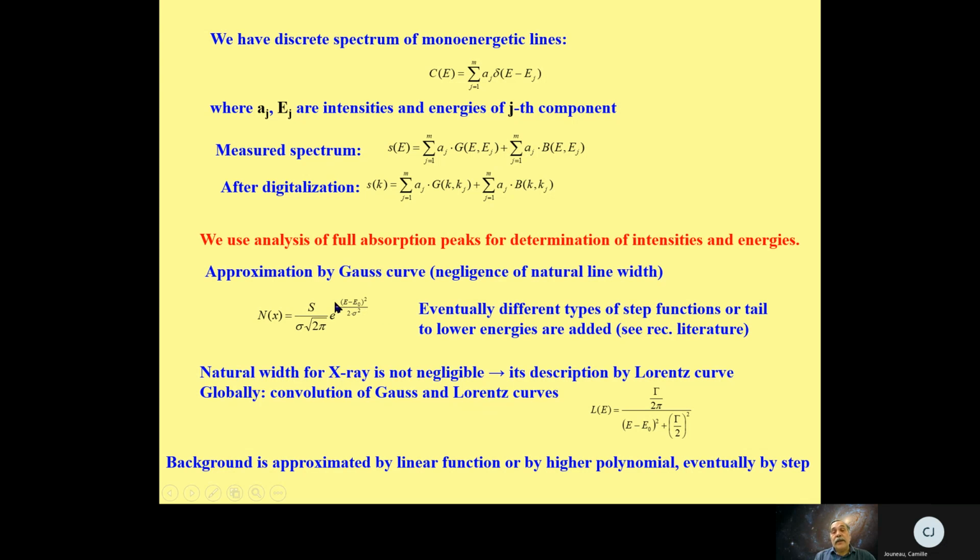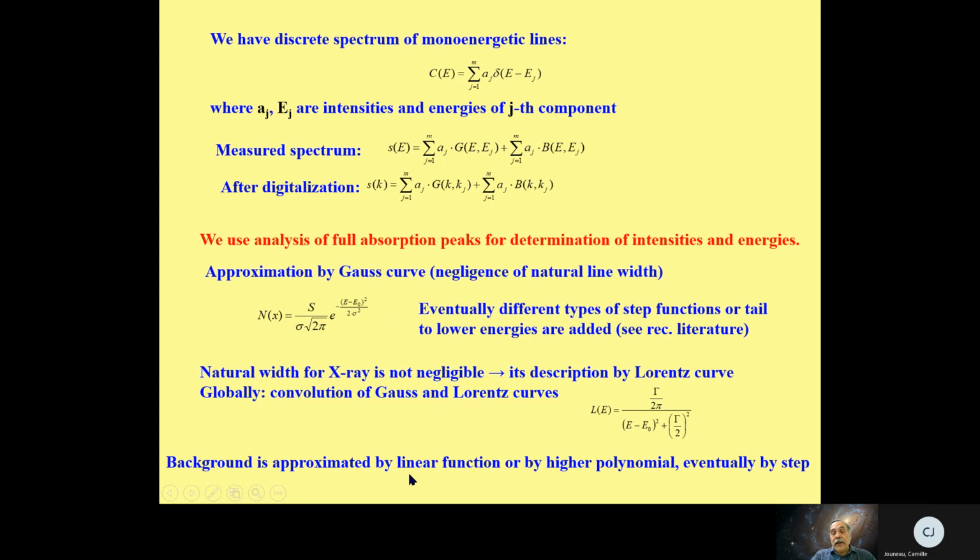It is necessary to say that we also have a special situation, for example for X-rays. In this case, this curve is a little different, and it's necessary to use a Lorentz curve, or in reality a convolution of Gaussian and Lorentz curves. This is this Lorentz curve, and in the end, in principle, it's necessary to have some convolution of these two.